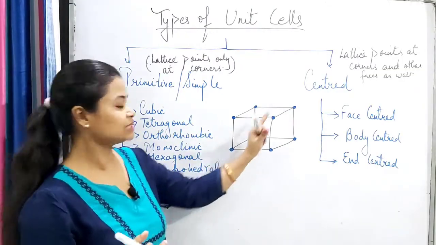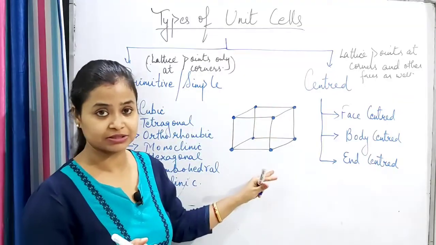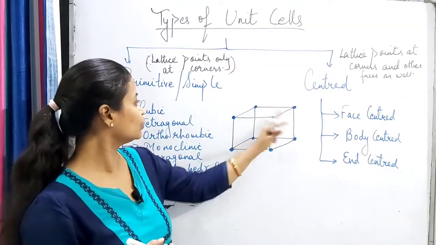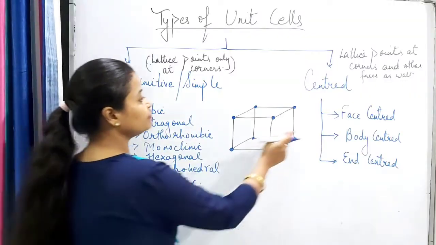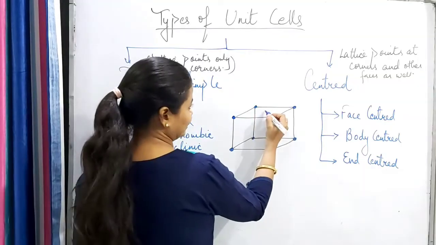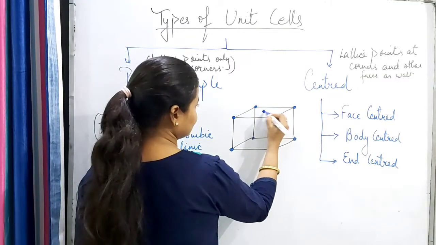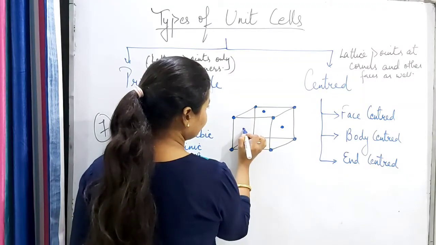In case of primitive, only the corners are present. But in centered, there are lattice points at the corners along with some faces. So if it is face centered, the lattice points are also present at the center of each face.